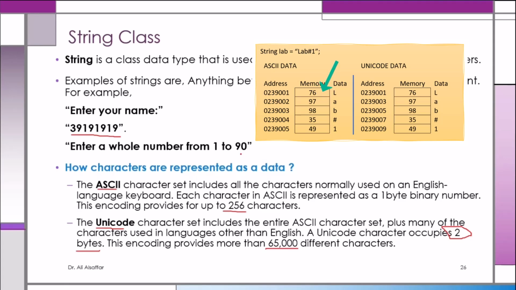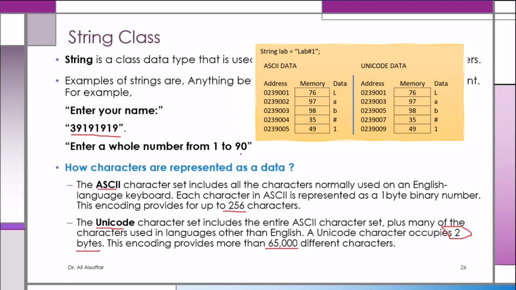So look at the memory. The first character of the string, which is L, its ASCII code is 76, is at address 0239001. And the next character, which is A, its ASCII code is 97, is at address 0239002. So the addresses jump by 1, because each space is for 1 character.